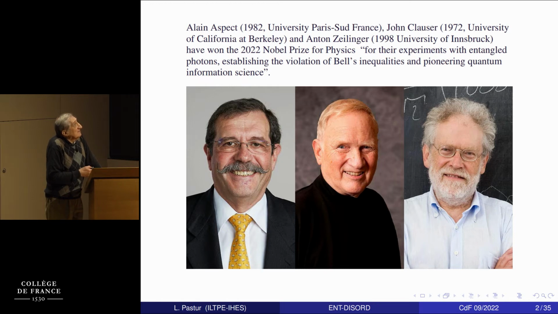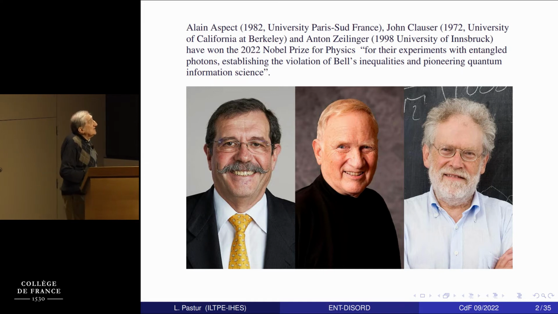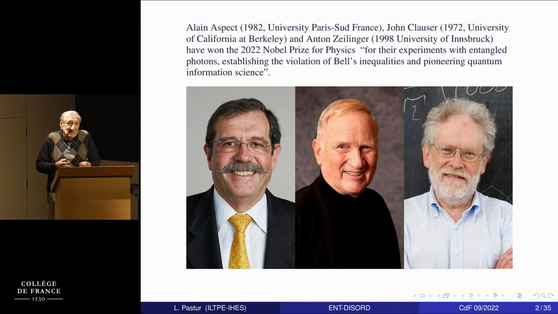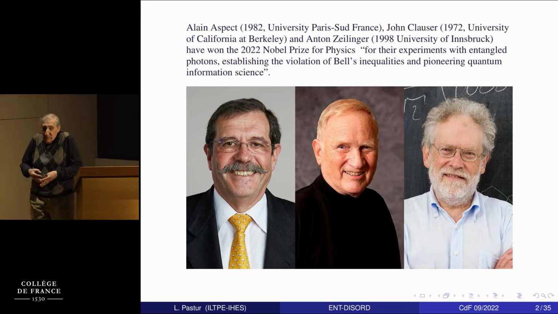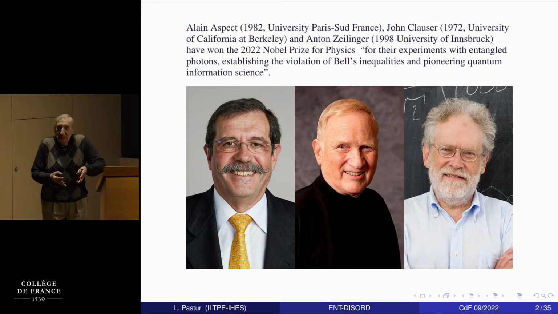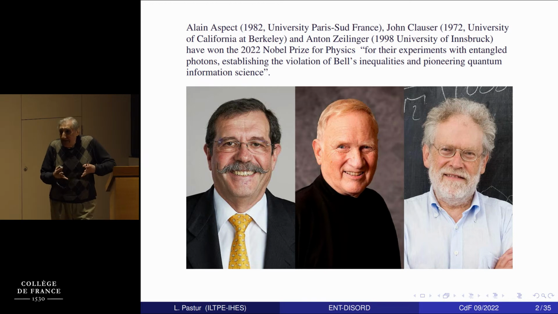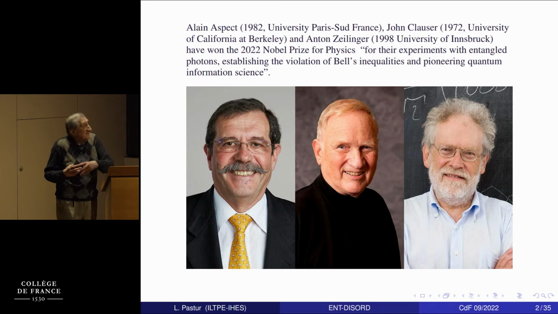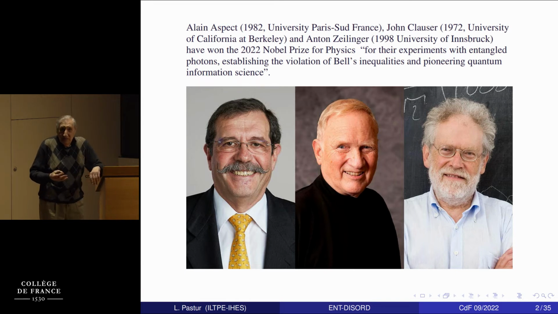And then 16 years later, it was Anton Zeilinger, who did not do this directly. He proposed what is now known as quantum teleportation, which is based on the validity of Bell's inequalities. So they were three pioneers, and they got the Nobel Prize, and the citation from the Nobel Committee is copied here.